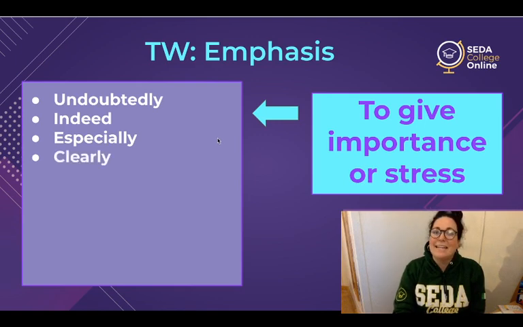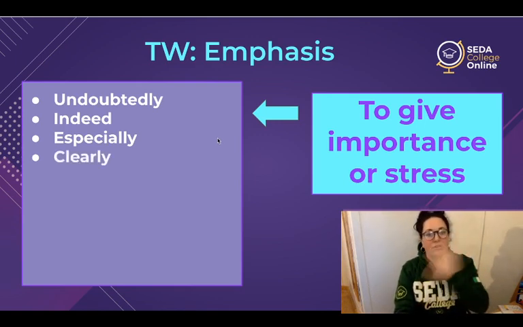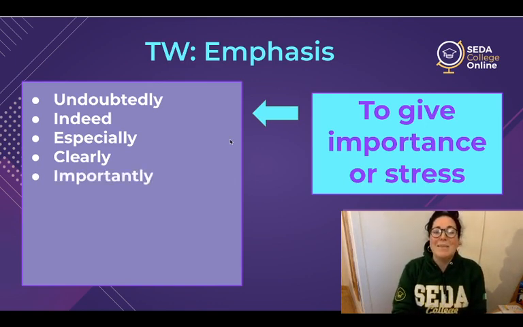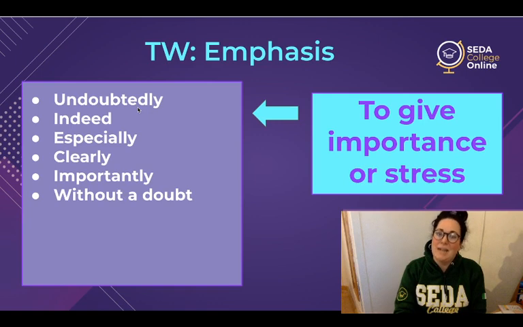All right. Clearly. The opposite of confusing, right, is clear. Importantly. Great. Yeah, showing something is important. Without a doubt. Same way we'd use undoubtedly.